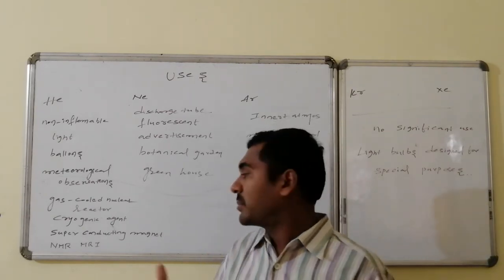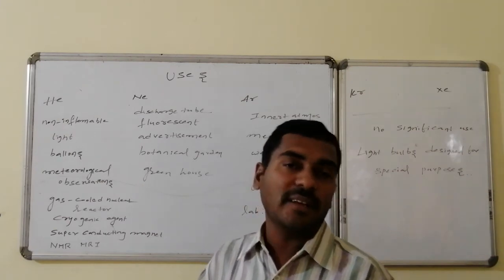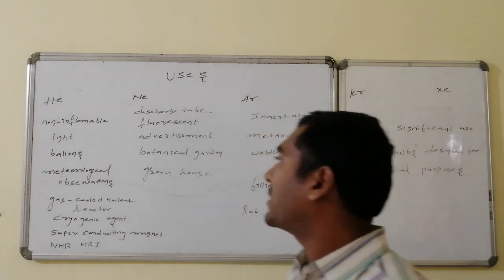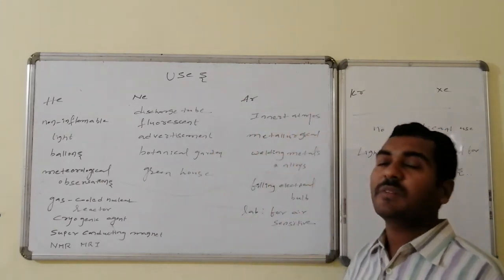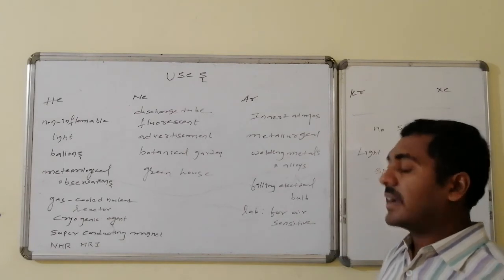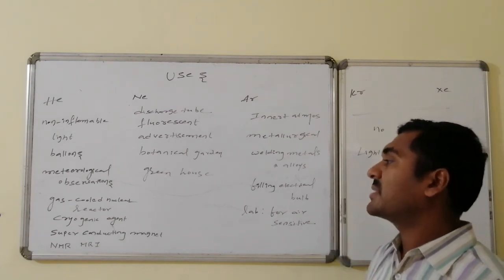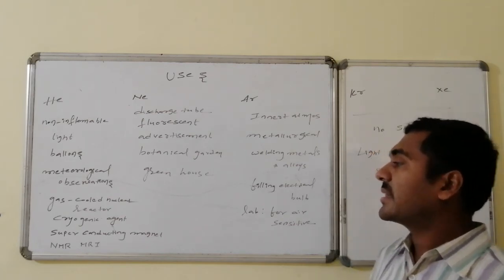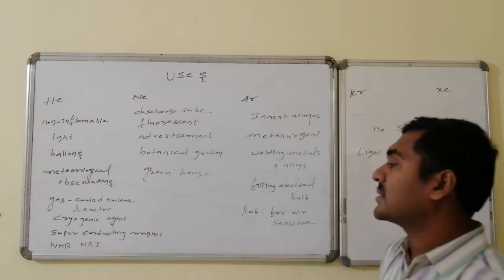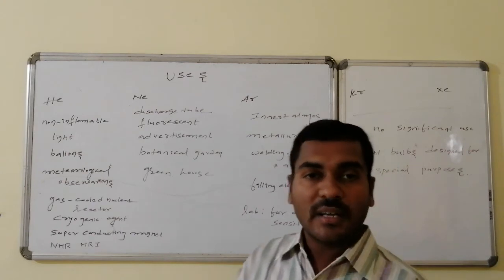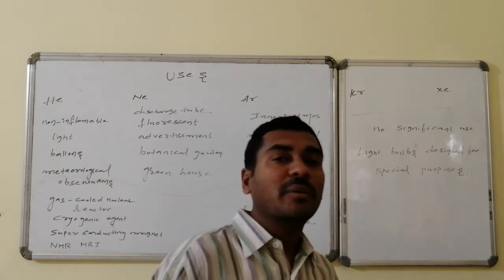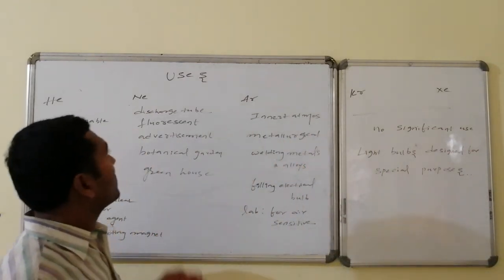That required low temperature is provided by liquid helium. Thus, helium is very important, as it is non-inflammable and light, and helium balloons are filled for meteorological observations, and gas cooled nuclear reactors, cryogenic agent and superconducting magnets are controlled under helium low temperature conditions.